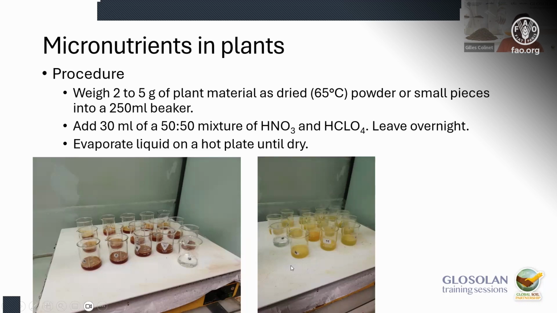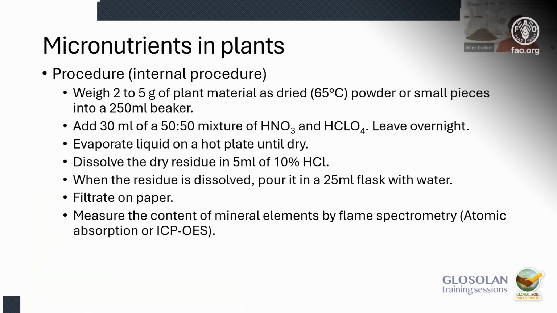And then we dissolve the dry residue in 5 milliliters of HCl 10%. And when the residue is dissolved, we pour it in a 25 milliliter flask with the distilled water. We put it at a level, and then we filtrate on paper, and we measure by flame spectrometry.